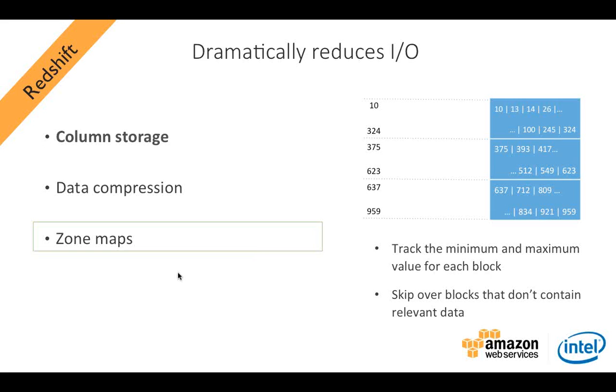If it doesn't, then we can skip that block altogether. That can give you a dramatic speed up as well, because obviously the fewer blocks you read, the better off you are. Again, it's an automatic feature that's not exposed to users, and so you'll see the theme here with Redshift is that there are a lot of features designed to speed up your queries, but not designed to introduce a lot of complexity into the management or the running of the database.